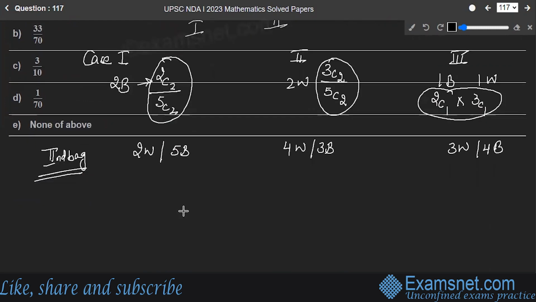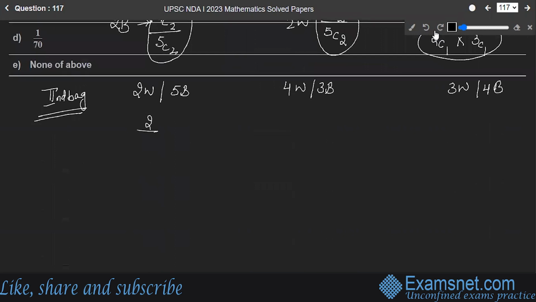Correct? Now, you have to pick up a ball. What is the probability of drawing a white ball? In the first case, it is 2 by 7. The probability of getting a white ball is then 4 by 7 and 3 by 7.